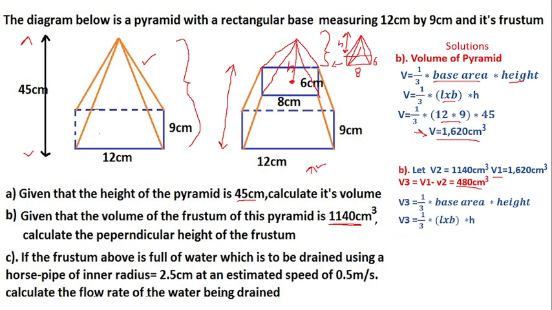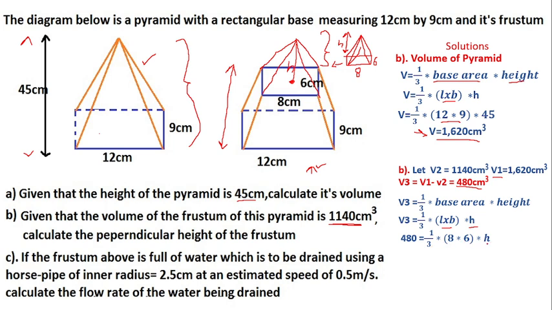Remember, the rectangular base for this small pyramid, the top part, is measuring 8 by 6 centimeters. So we have L times B and multiply by its height. So we have V3, which is the volume, 480, equal to 1 over 3 times 8 times 6 times the height.